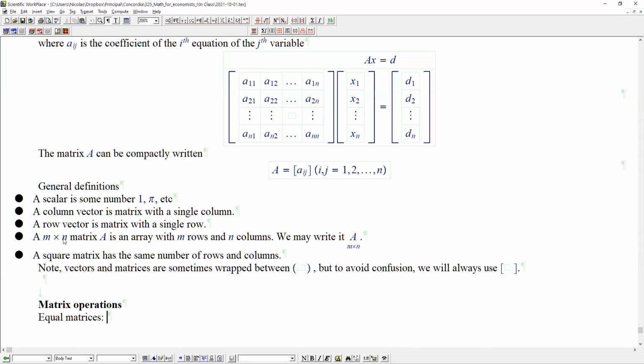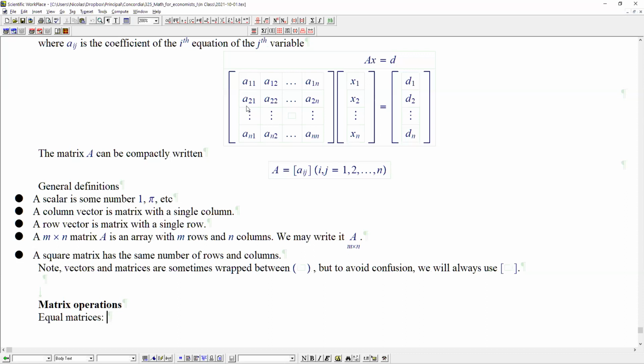So m by n by p, for instance, which would be a cube of numbers instead of a square of numbers. No, nobody knows. So I'm not going to write it because it's not useful for us, but it's called a tensor. So a tensor is a 3, 4, or 5 dimensional matrix. If you do programming, then you use tensors all the time.